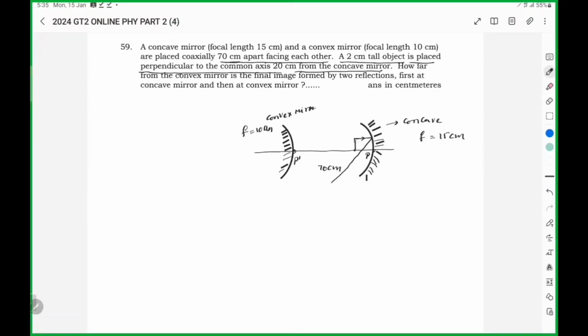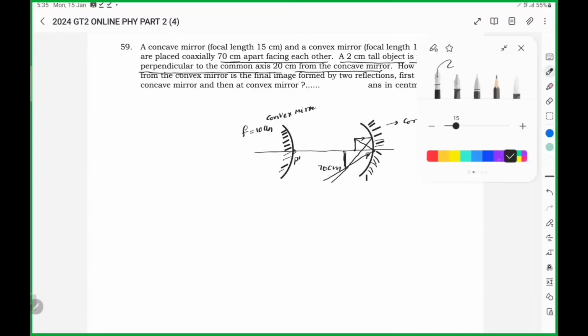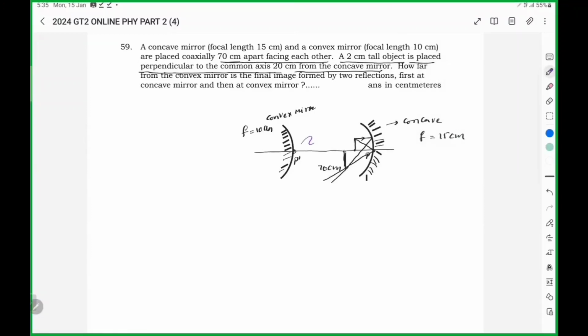And here another ray gets reflected somewhere, and the image is formed. This image with respect to one mirror acts as an object for the second mirror. So let us see where the image is formed, using the mirror formula.